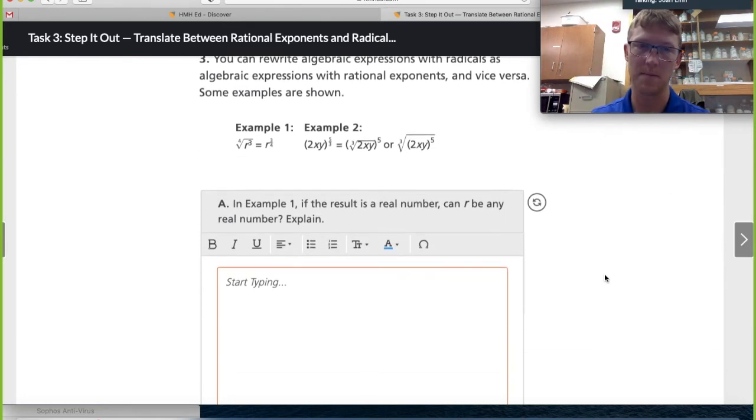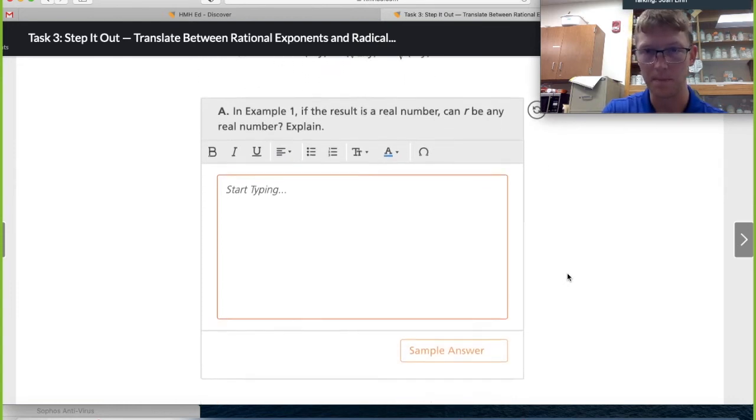Same reason as for square roots. Since it's even, you're going to need a positive number on the inside, or you won't be able to get anything to come out.